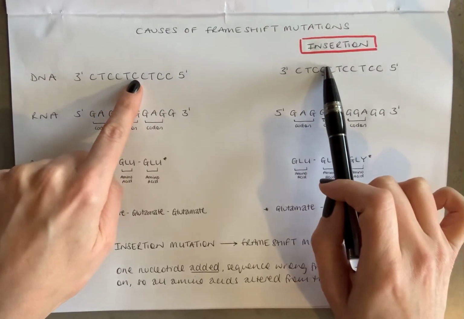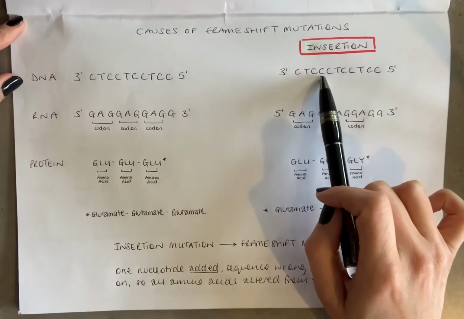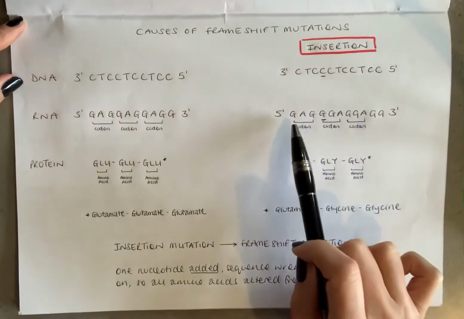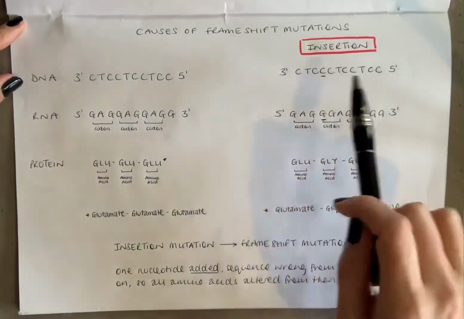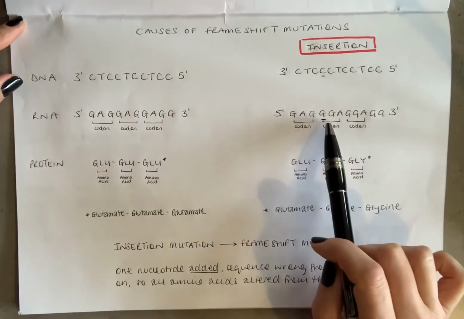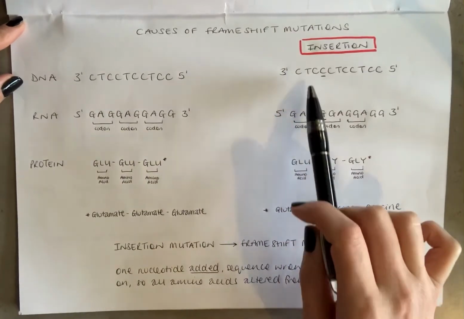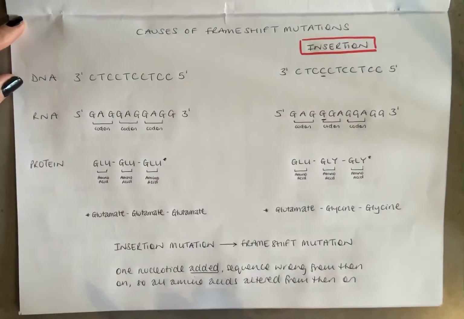But what we notice with this one is there's an insertion, so there is an extra nucleotide inserted into this sequence. Because the cell still has to recognise the sequence of nucleotides in order, we get a completely different amino acid. So GAG, remember this is our messenger RNA, we get one codon.